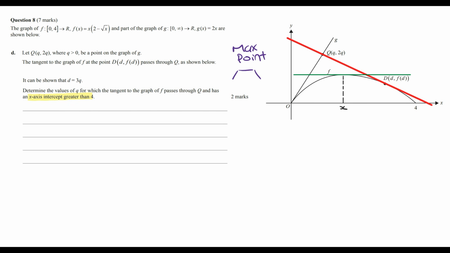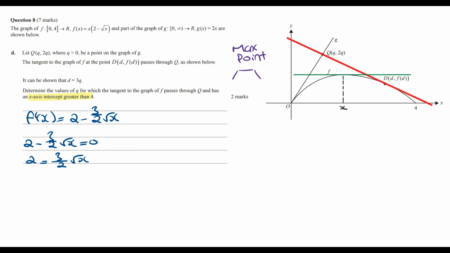To find the x-coordinate of the maximum point, we let f dash of x equal 0 and then solve for x. From part A, we found that f dash of x is equal to 2 minus 3 on 2 root x. And so if we let this equal 0, we get 2 minus 3 on 2 root x is equal to 0, which means 2 is equal to 3 on 2 root x.